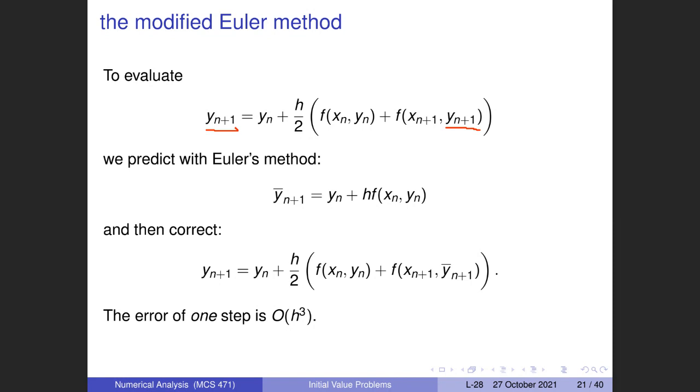We don't really have an explicit method, because if you do this for y1 the first time it works, but in order to compute y n plus 2, you also need y n plus 1 on the right. Well, how can we solve this? We can do this with predict and correct.